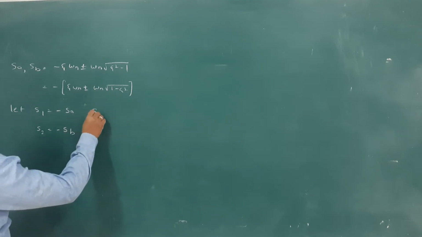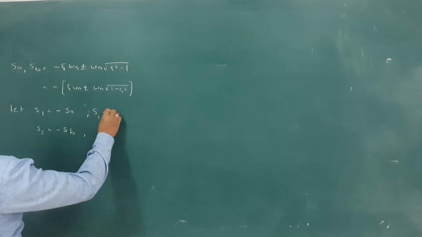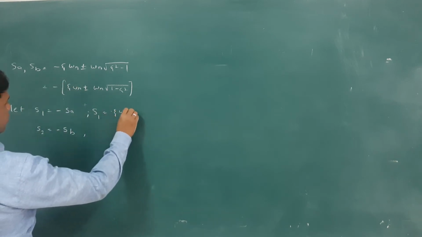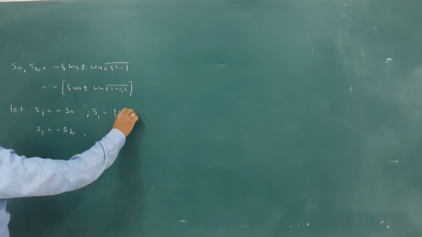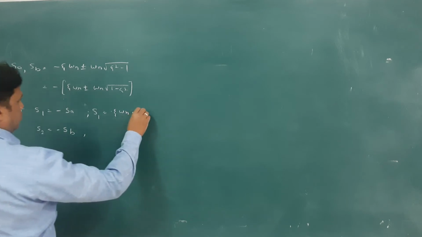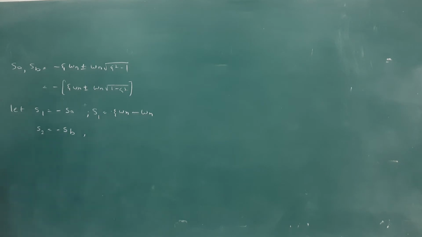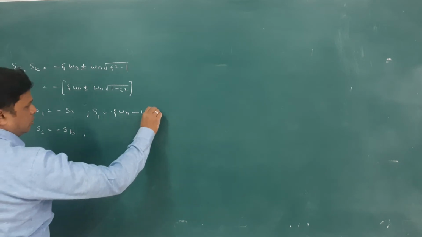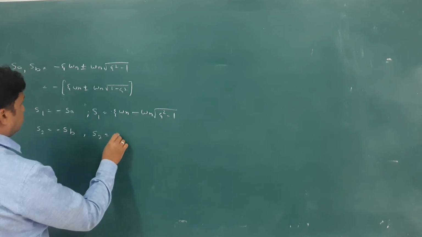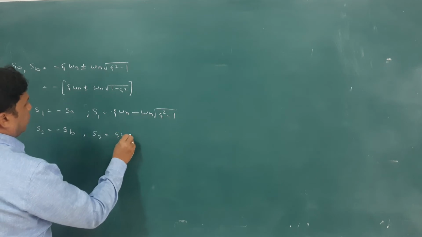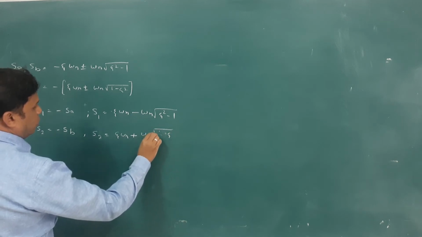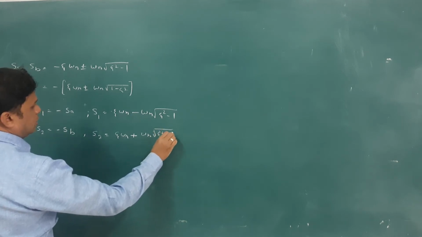S1 is equal to minus SA, in the sense zeta omega n plus or minus omega n into square root of zeta square minus 1, and S2 is equal to zeta omega n plus omega n into square root of zeta square minus 1.